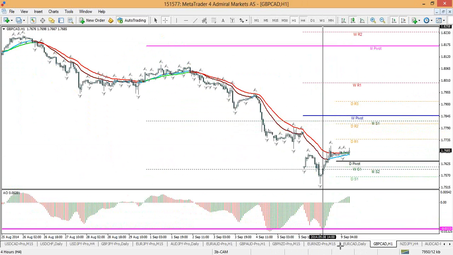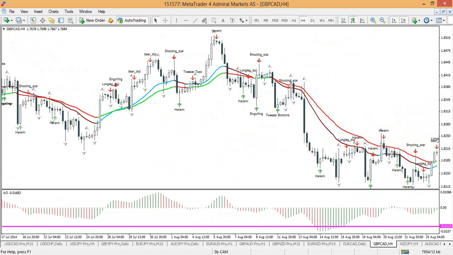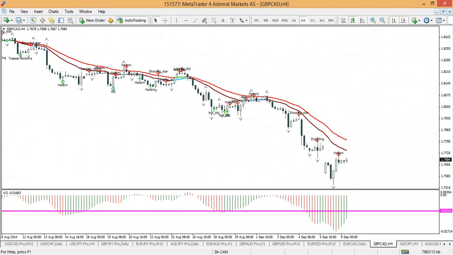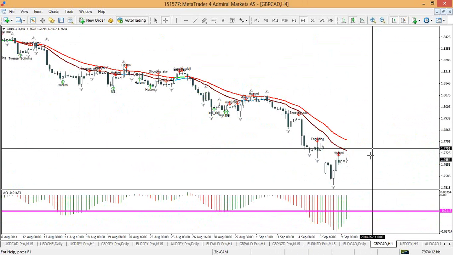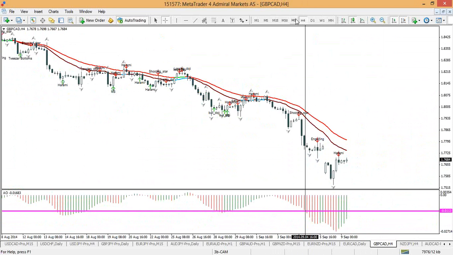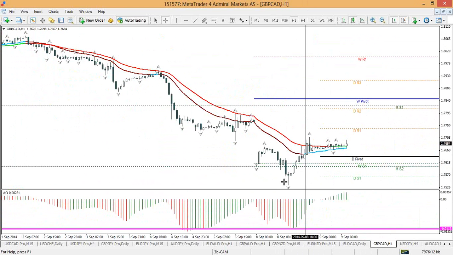The problem I have with trading the Harami here is the fact that there's still a bit of a gap above it, and we had a strong momentum here.